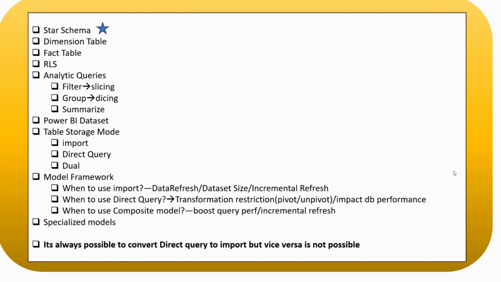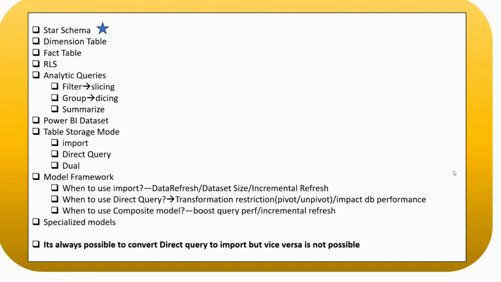Behind the scene, everything is converted into a native query, and it requests the data model for a result set. So when you drag and drop the visualization and put the field, it frames a query, which is called an analytical query. It requests the data model to give the result set for this query, and once we get the result set, it shows it in a visualization.